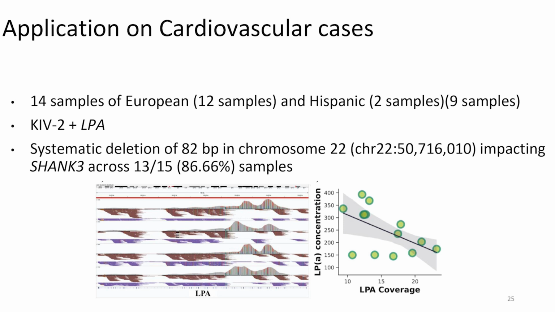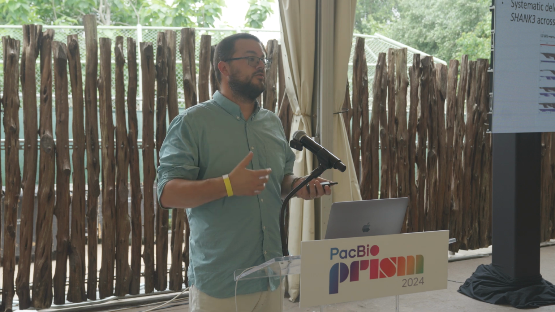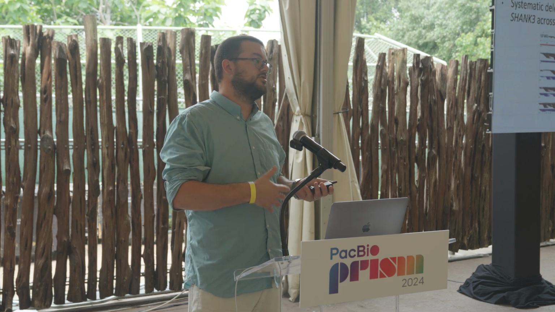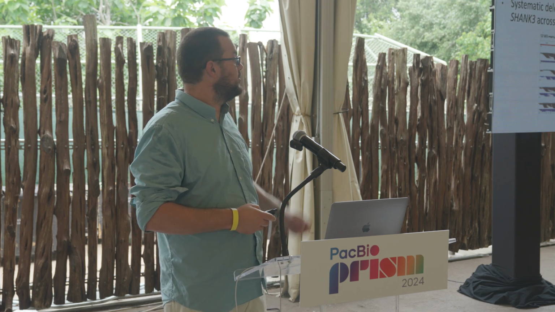Furthermore, we looked at cardiovascular disease samples, and again here I'm looping back to the LPA gene that I introduced in the beginning, which is a really tricky cardiovascular gene. We have a little bit of uneven coverage on the LPA gene itself, but you can see we can phase reads through the entire region of LPA, giving us much more in-depth resolution of different haplotypes and different haplotype-specific copy numbers and other mutations in this important gene, and therefore interpreting the LPA and cardiovascular disease risk per individual much better.